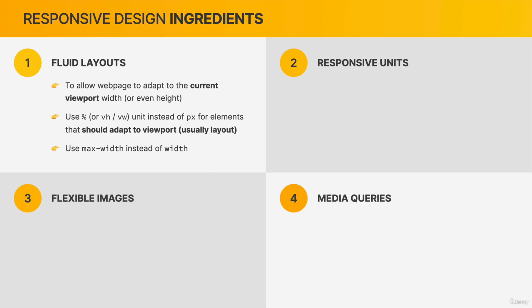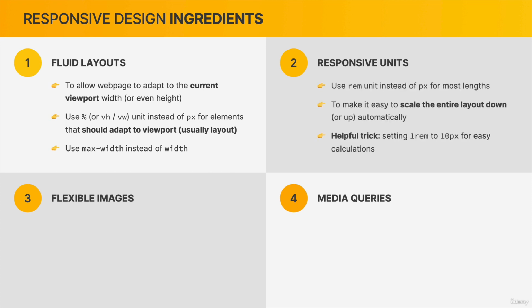Next up, there are responsive units, which basically just means that we should use the rem unit instead of pixel for most of the lengths in our CSS. And using rems instead of pixels will make it really easy for us to basically scale the entire page up or down automatically.